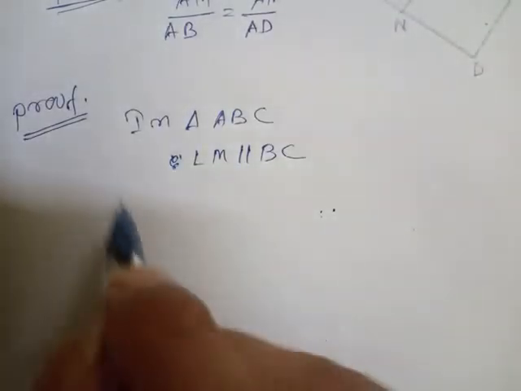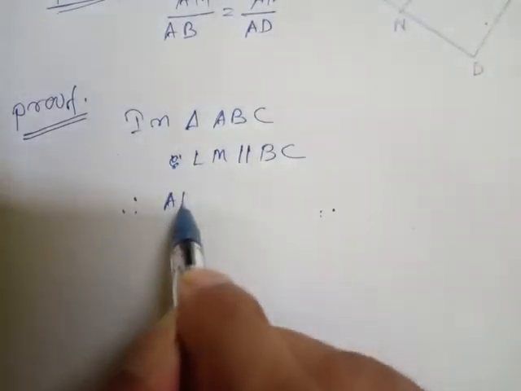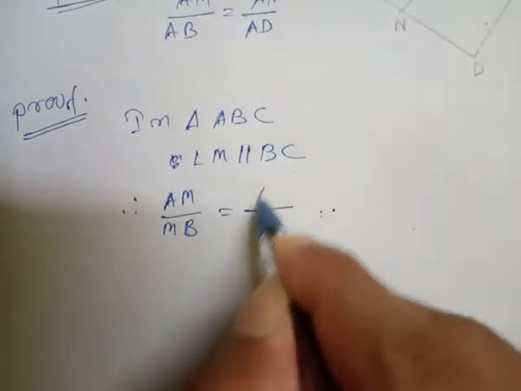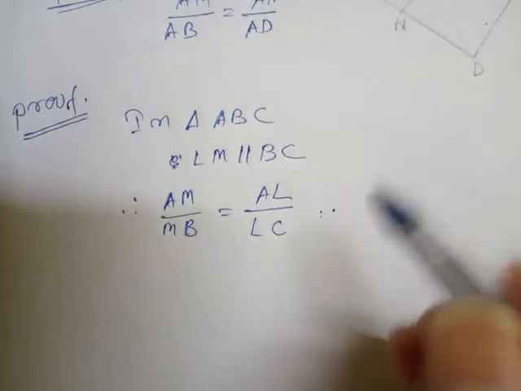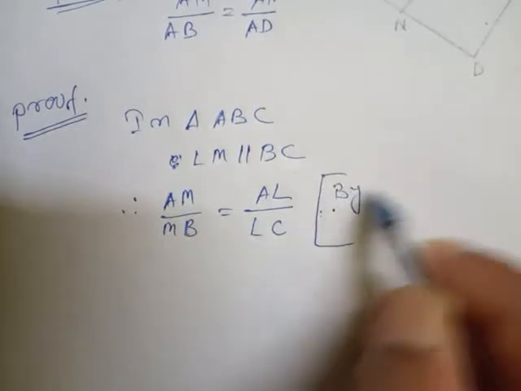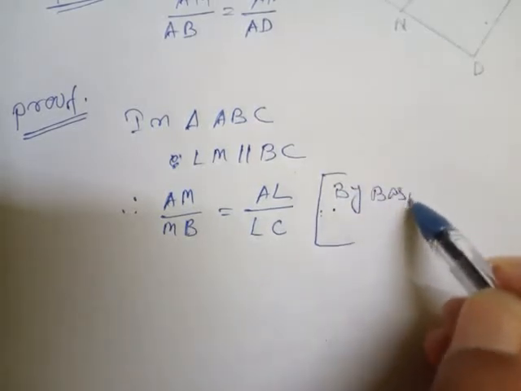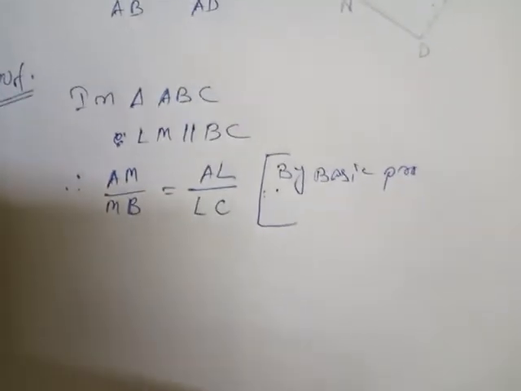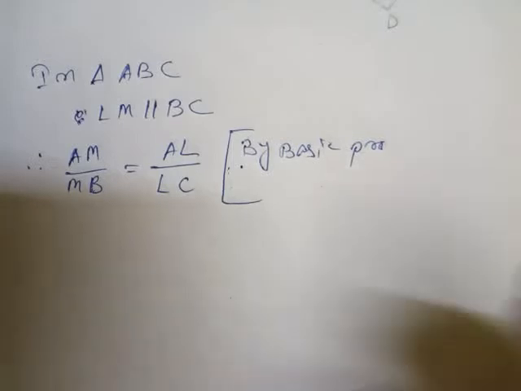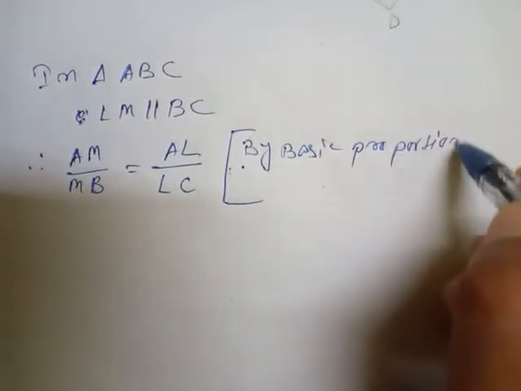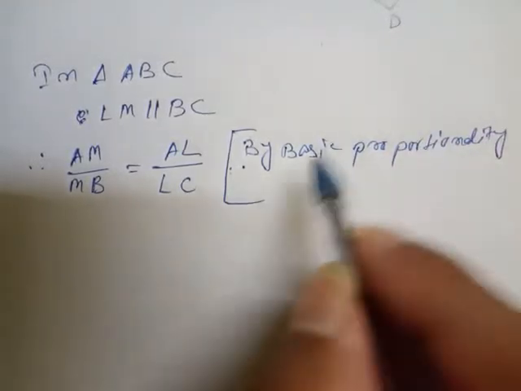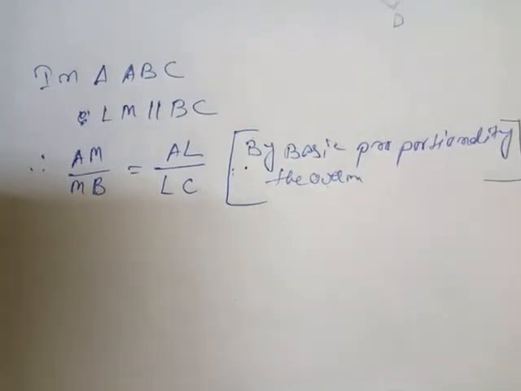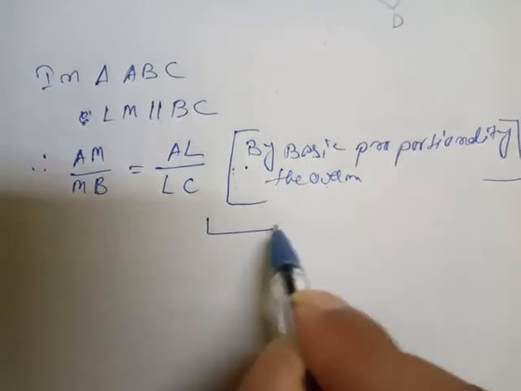Therefore AM by MB equals AL by LC. This is by the basic proportionality theorem. Okay, so this is our equation number 1.